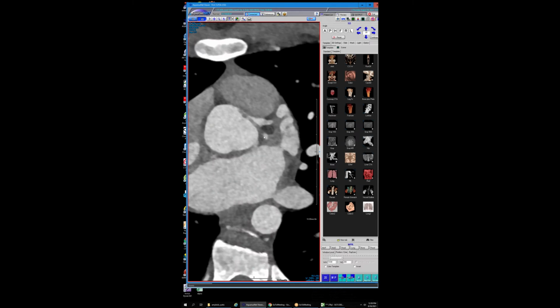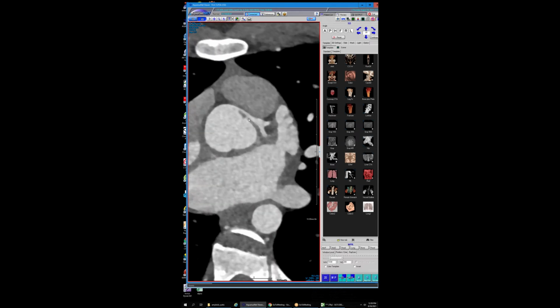It isn't until out here that it really gets surrounded by fat. So the intramural portion is at least from here to here, which did correlate with what they called a 15 millimeter intramural portion. So they resected this and they unroofed it.